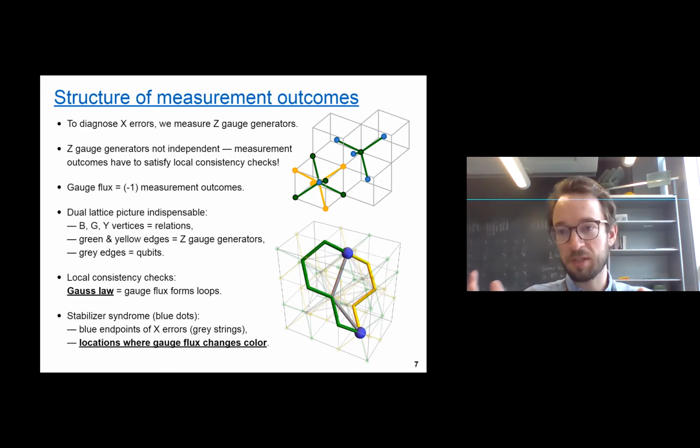Then when we measure the gauge flux, we'll see loads of closed loops, but they will have points where they change color, and this tells us where the stabilizer -1 outcomes are. So for example, here it's here and here, and then the error correction problem is like matching in a 3D toric code. So all we need to do is find the shortest path between these blue dots to give us the correction. Mm-hmm. Okay, wonderful.